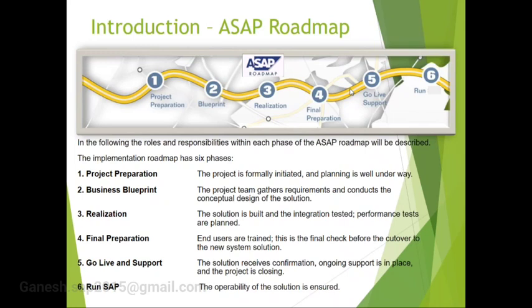So during the business blueprint, we have discussions with the core users. The core users will explain how the materials are received, how they are stored in the warehouse, and what kinds of different materials they have. They have some cool room material, a cold storage, where they have to store materials only below 10 degrees. They have certain materials which should never be kept in the second, third, fourth level racks.